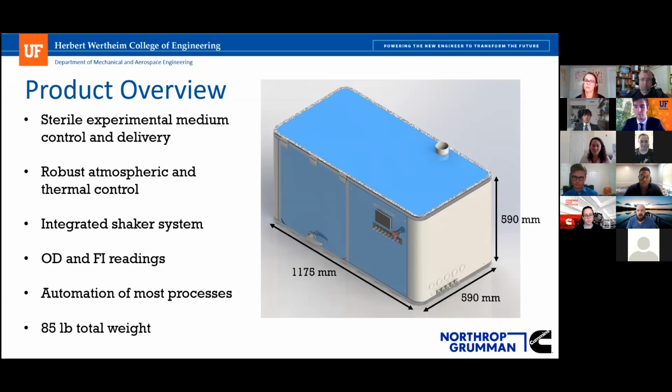Your assembly time cost was like $34, which is less than an hour of labor to fully assemble this. Yeah, the way that we went with that is we used our charts.